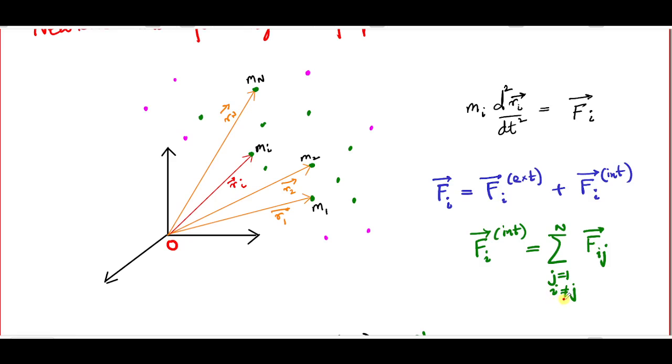You have to leave j equal to i out of this sum. Of course, a particular particle will not exert a force on itself. That is why you need this i not equal to j condition here.